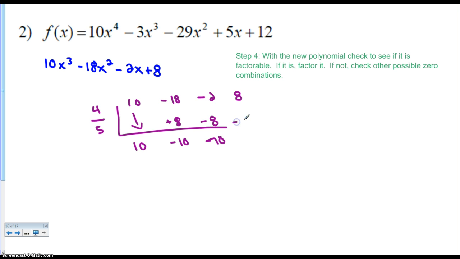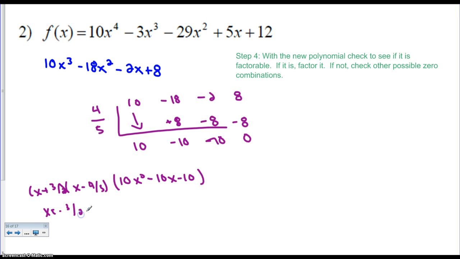And then I get negative 8, and then I get 0. Okay, so right now I have 10x squared minus 10x minus 10. I know that if I multiply this by x minus 4/5, and if I multiply this by x plus 3/2, I would get this quantity right here. So I know right now that x equals negative 3/2 and 4/5.